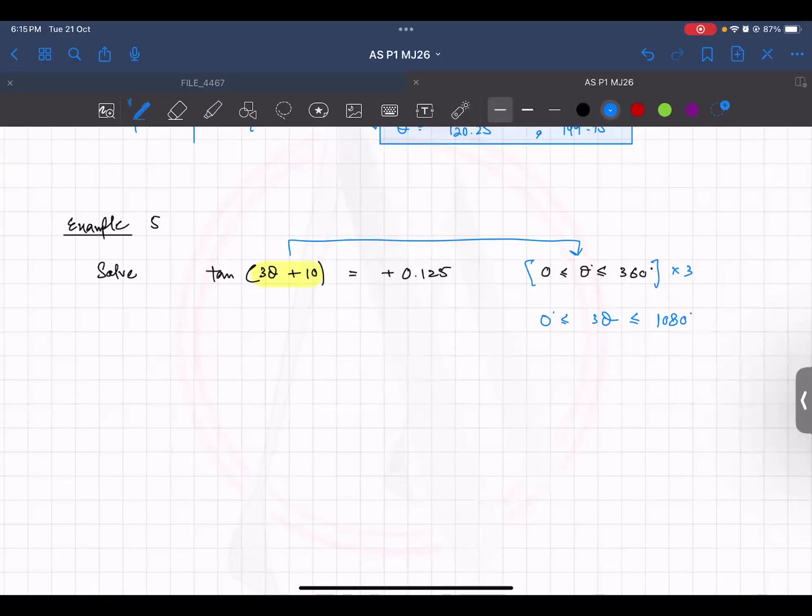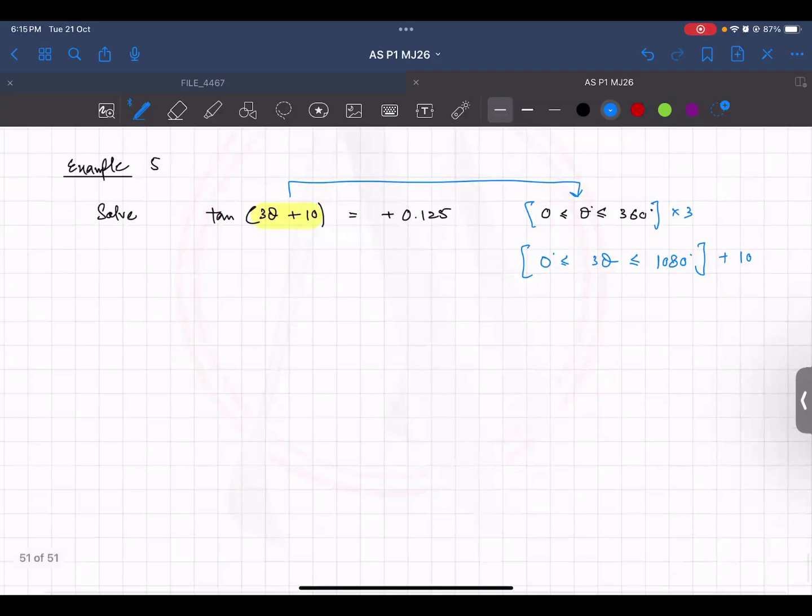And now to make it plus 10, you would add 10 to all three sides. So this would become 10, this would become 3 theta plus 10, and this would become 1090. So this means the solutions of 3 theta plus 10 that I will get should be within this range between 10 and 1090. So I can move around the circle twice, or let's see.